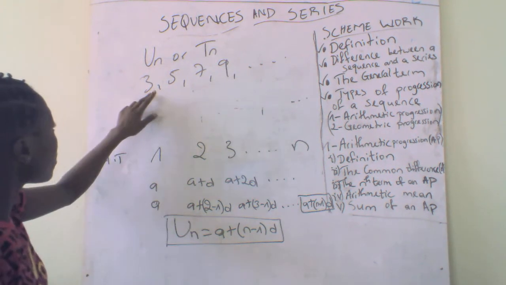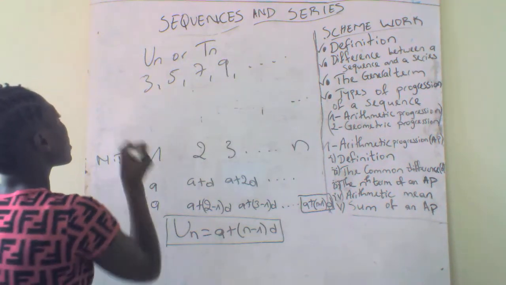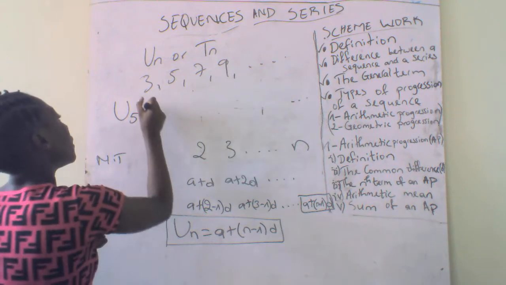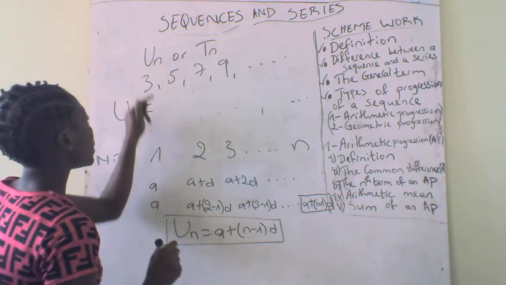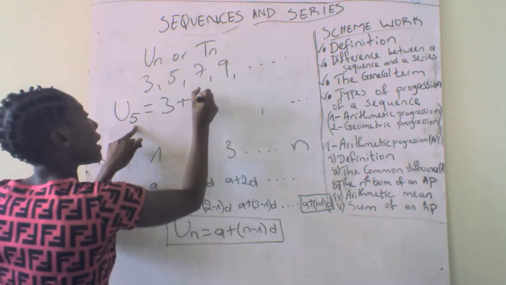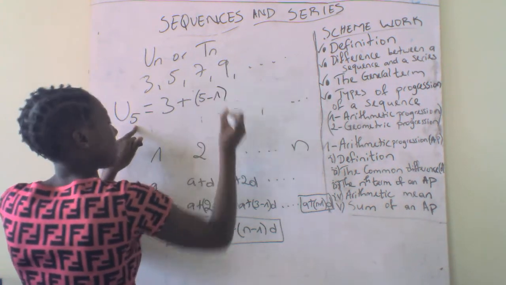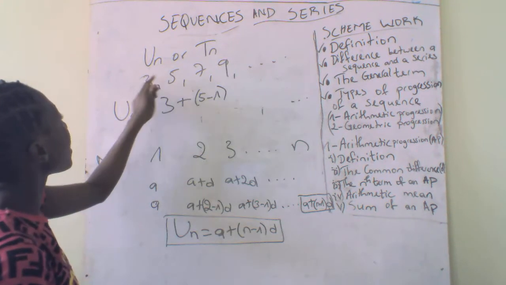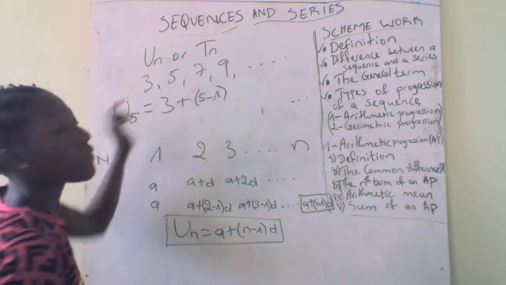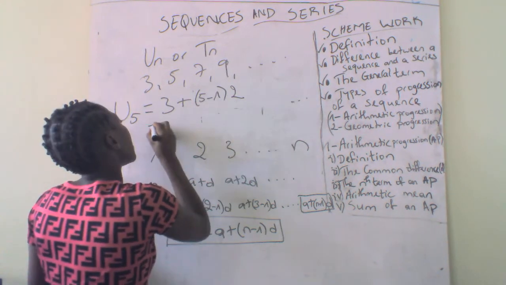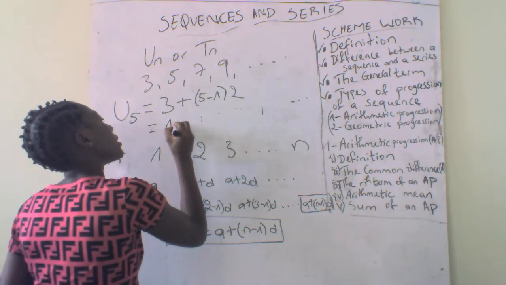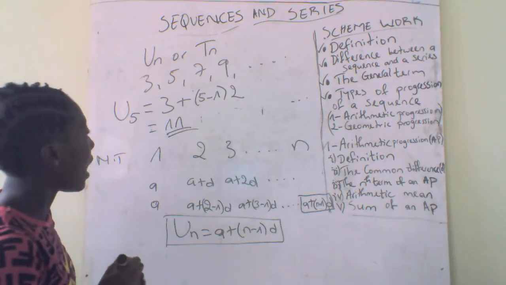Here we are looking for the fifth term, that is U5, which will be equal to A, the first term, 3, plus (5 minus 1) times D, which is 5 minus 3, still the same as 7 minus 5 and 9 minus 7, which is 2. Therefore, our fifth term will be 3 plus 4 times 2, which is 8, giving 11. That is our fifth term.